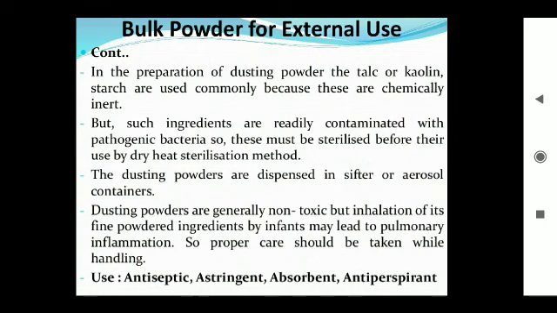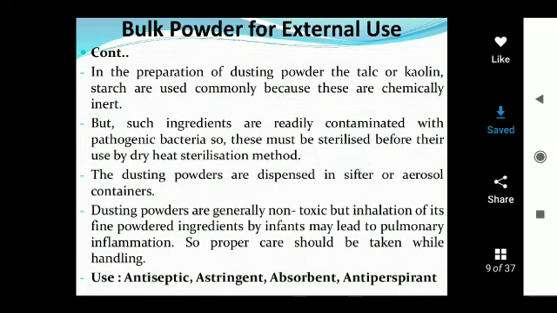Ingredients present in a dusting powder easily react with pathogenic microorganisms, so before use these dusting powders must be sterilized by dry heat sterilization using a hot air oven at 160 degrees centigrade for 2 hours.